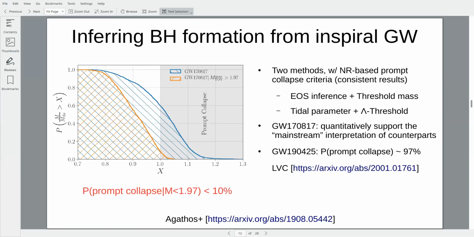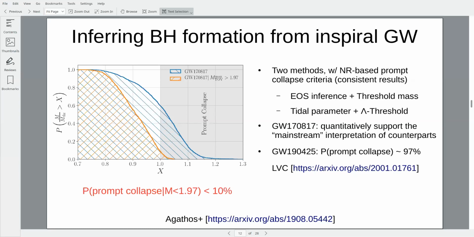But if you additionally include the constraint from the maximum mass of the neutron star from pulsar observations, you then actually get that the prompt collapse probability is less than 10%. Let me stress that this is obtained only from the analysis of the gravitational inspiral data. So you don't really need to observe the merger for that.